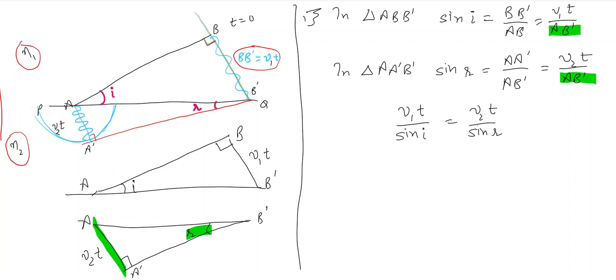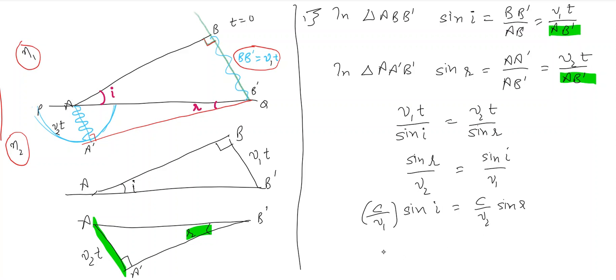It means that sine R by V2 is equal to sine I by V1, or else I can say C by V1 sine of I is equal to C by V2 sine of R. But what is C by V? It is eta.